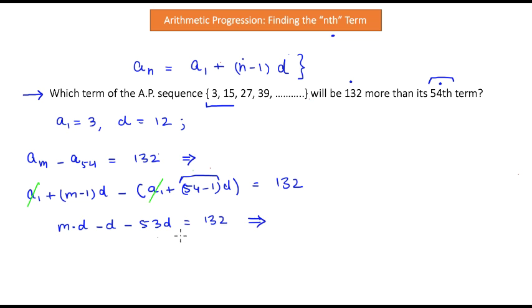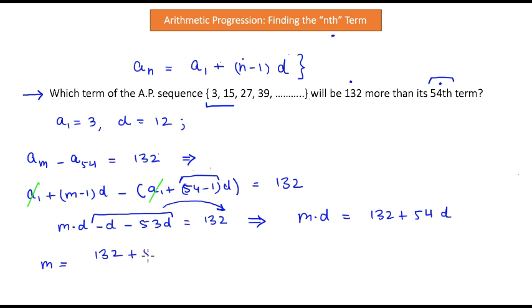Or when you want to simplify even further, you will say that m times d is equal to 132 plus 54d, because these two values will be combined, and once you transpose to the right hand side, you reverse the negative sign. This can be stated as the value m is equal to 132 plus 54 times d, divided by d overall.